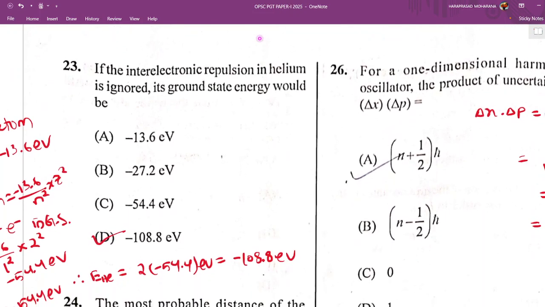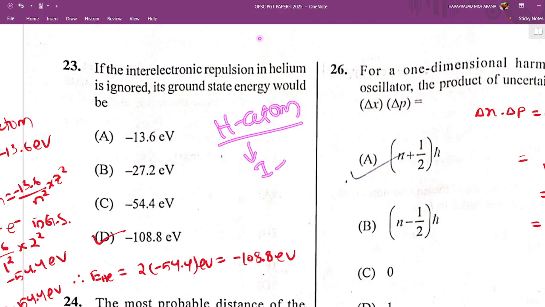Next, move to question number 23. In order to solve this question, let's read it. If the interelectronic repulsion in helium is ignored, what would its ground state energy be? Let's take the simplest system, the hydrogen atom. For the hydrogen atom we have only 1 electron, and for the helium atom we have 2 electrons.